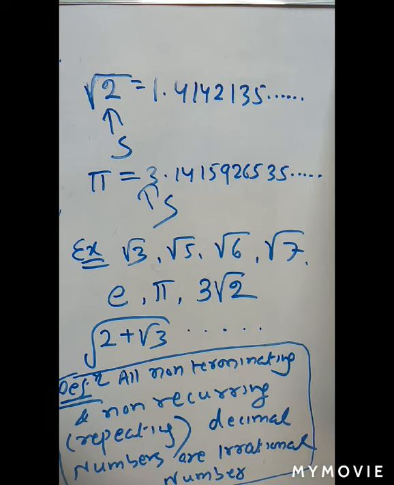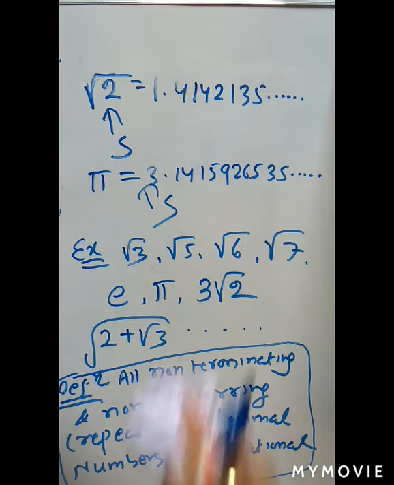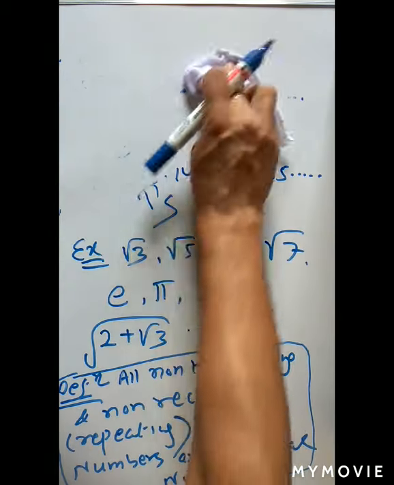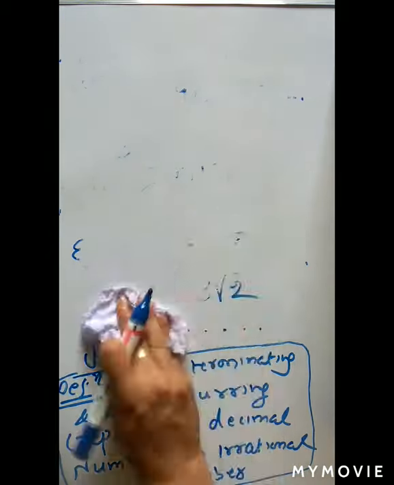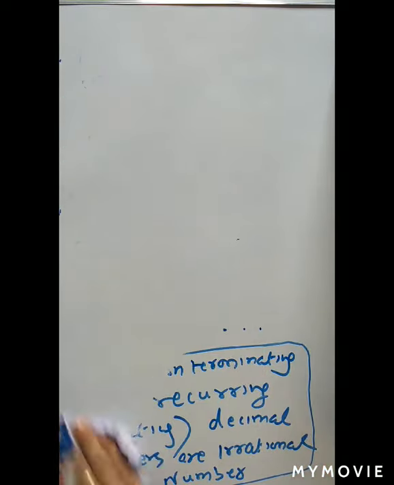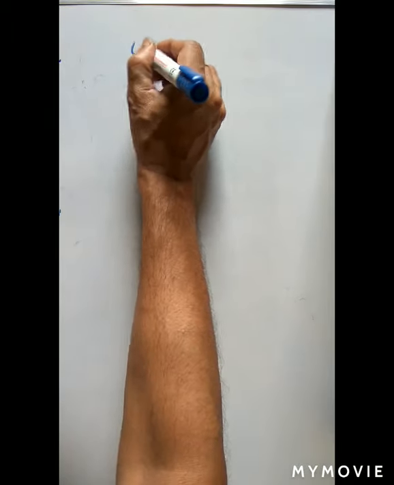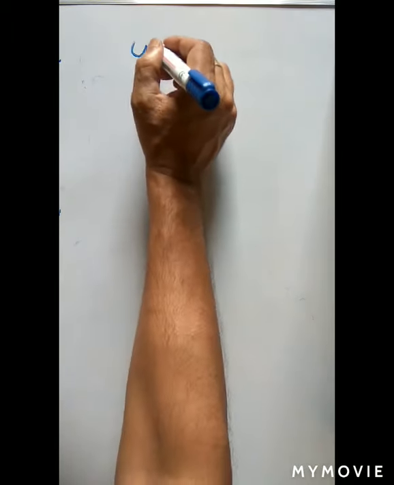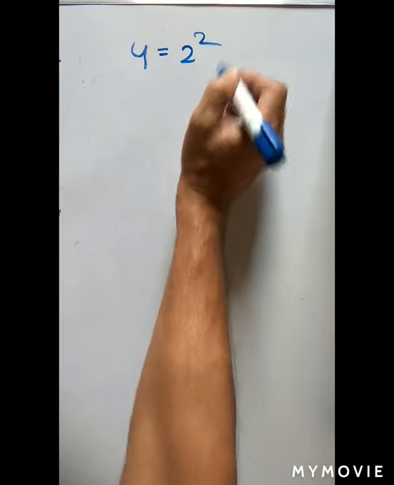Also you can say the square root of a number which is not a perfect square is also called an irrational number. For example, suppose you take the number 4. So 4 is the square of 2.